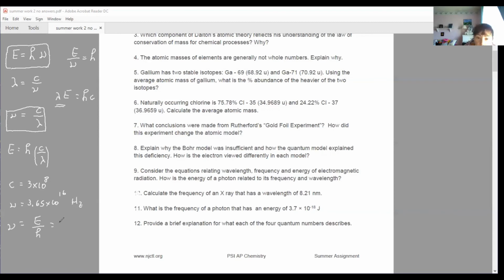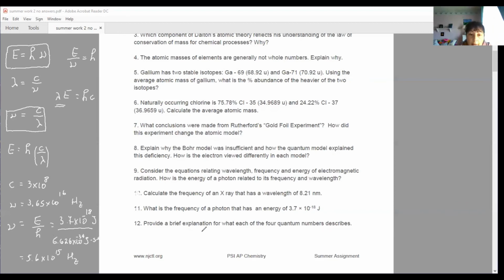They are giving us the energy, which is 3.7 times 10 to the negative 18 joules, divided by Planck's constant, which is 6.626 times 10 to the negative 34 joule seconds. And so we have a number that is 5.6 times 10 to the 15 hertz.